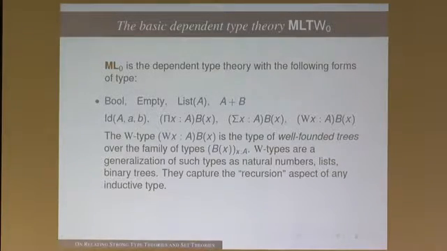So this is basically a disjoint union here, and then the product type means, well, you have a family of types indexed over A. For each x in A, you have a type Bx. And then this product type is inhabited by all the functions f with domain A, such that for x in A, f(x) is in Bx. So there's a straightforward set theoretic reading of all these things.